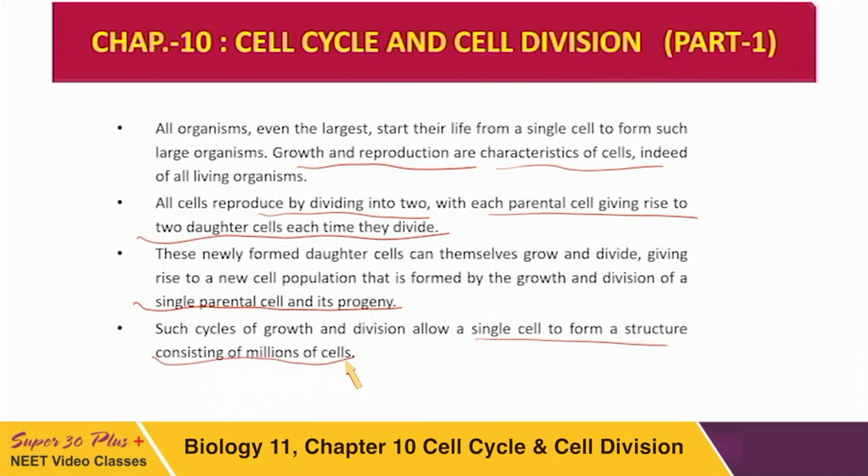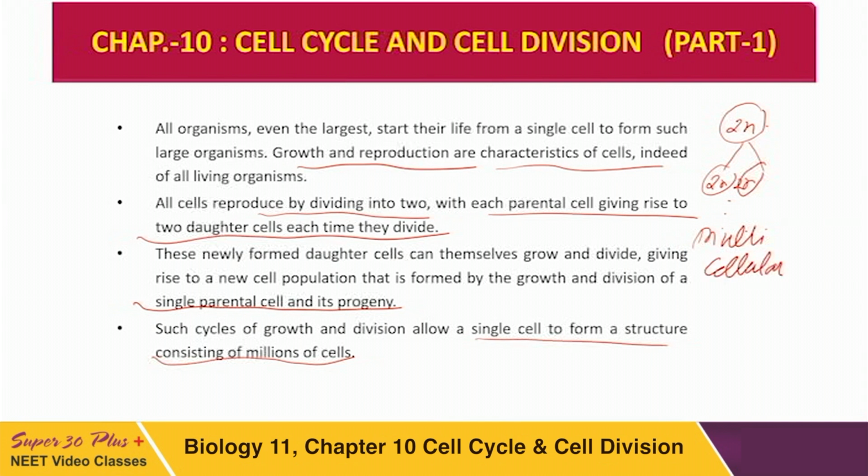In our case also, we start our life from a single cell, the zygote, having 2n number of chromosomes. It divides into two, having the same genetic constitution, and this division goes on, and ultimately a multicellular body having trillions of cells is formed.